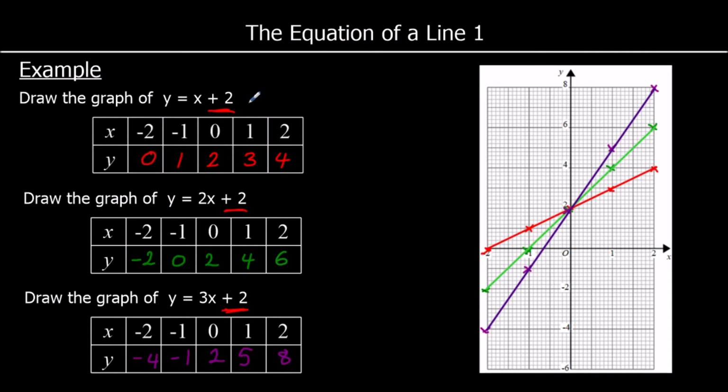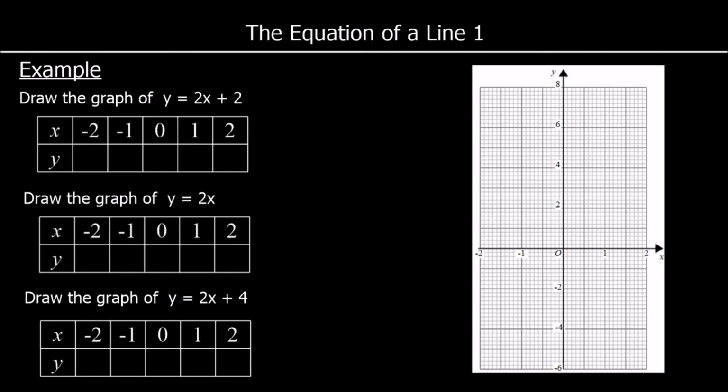This number on the end of an equation, the number by itself, not the one with the x, tells you where it crosses the y-axis. So if we had y equals 3x minus 4, that will cross the y-axis at negative 4. If we had y equals 2x plus 7, that would cross the y-axis at 7. So that is our y-intercept.